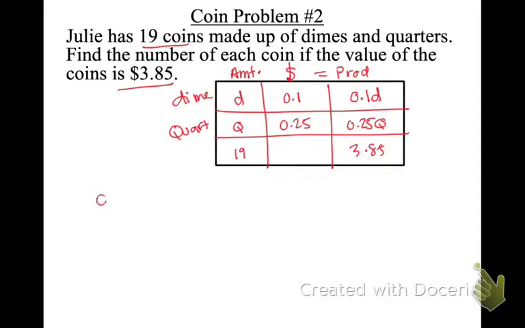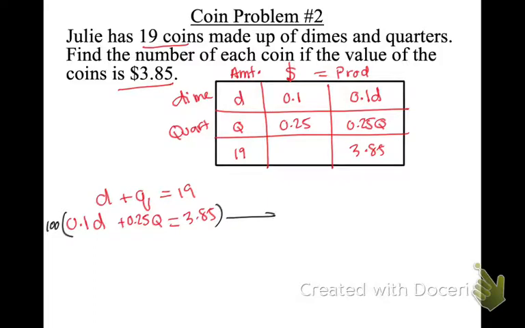So I'm going to get rid of those decimals. I'm going to multiply by 100. And I get 10D plus 25Q equals 385.